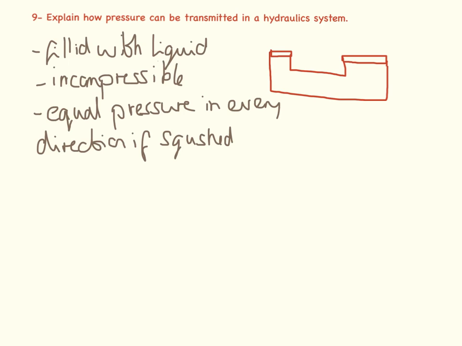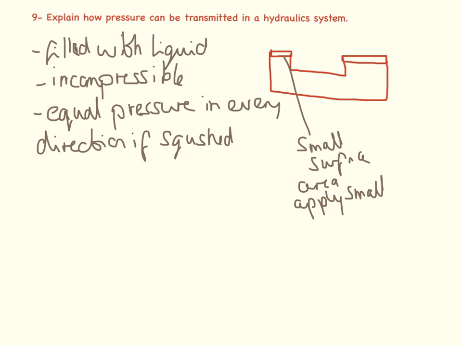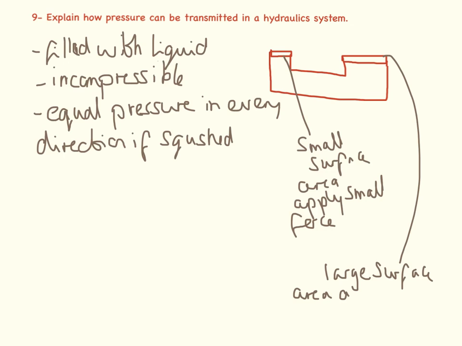It's a bit like a balloon. If you try and squash a balloon, you can't really squash a balloon too much, so it will eventually pop. Now, the advantage of this is that you can take a small surface area, apply a small force, and that will be transmitted over to somewhere that has a large surface area as a large force.